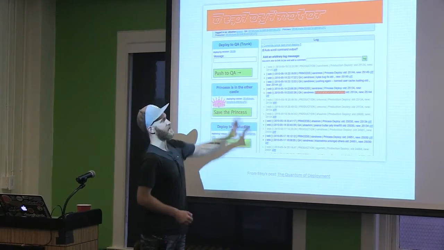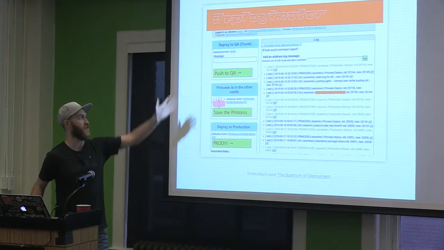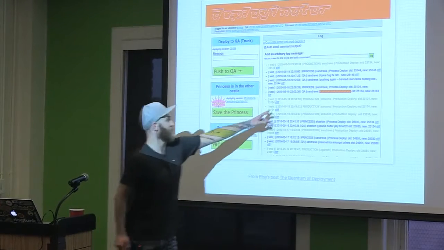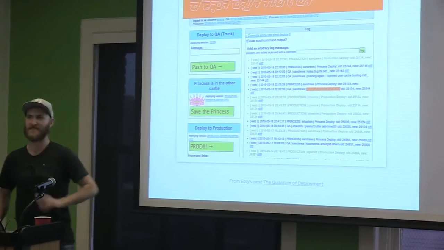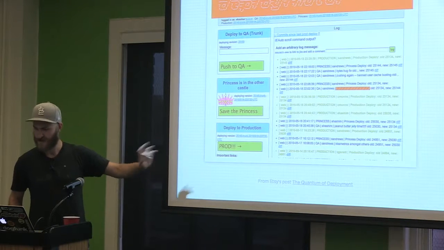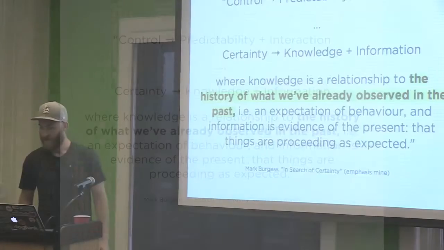But it's the kind of thing that maybe will help with the problems that we've been describing, because at least you can always go back and see who's deployed what and when. And actually, these links will show you the specific diffs that were deployed. And there's other tools being built now that look a lot like this that are starting to see the broader light of day commercially even.